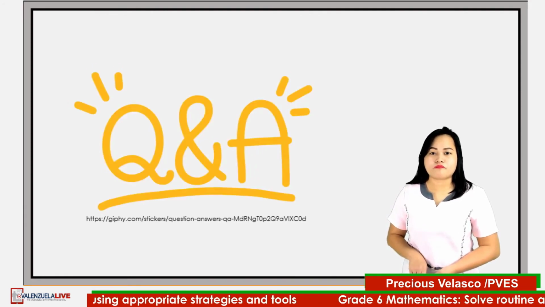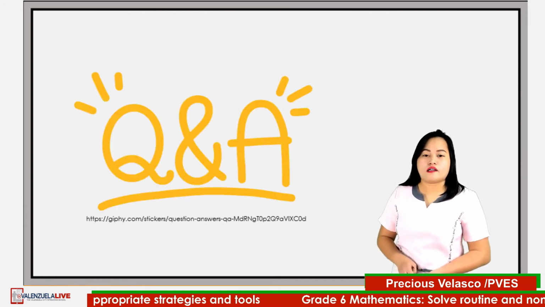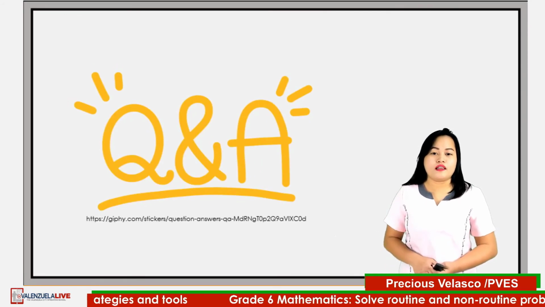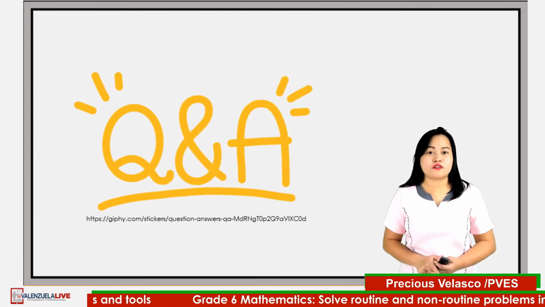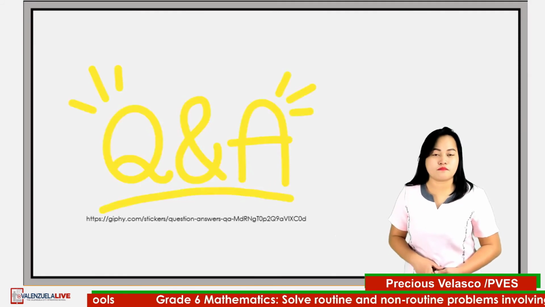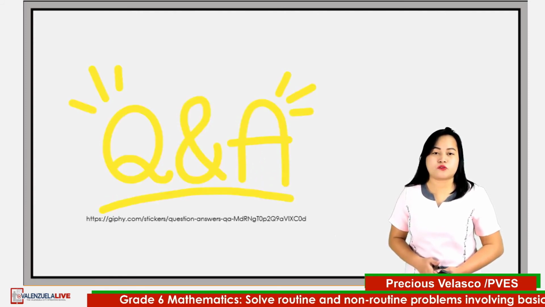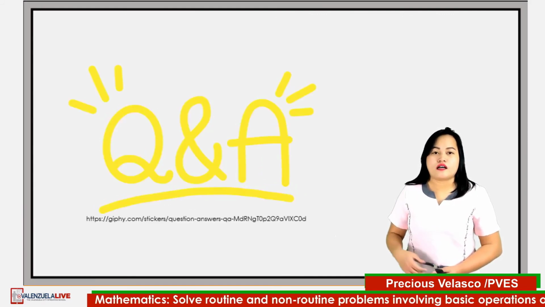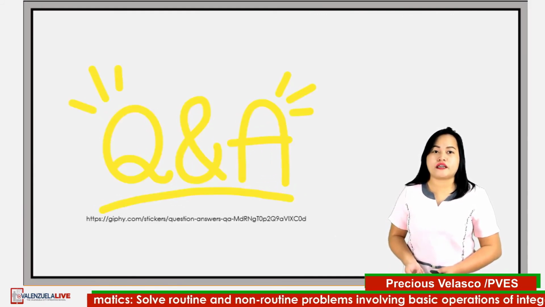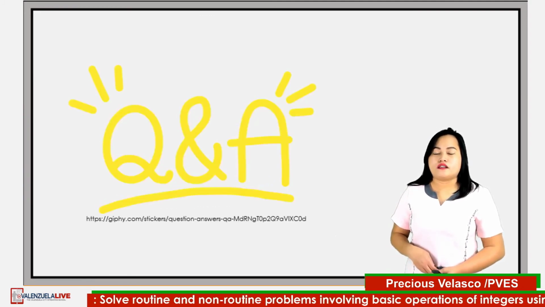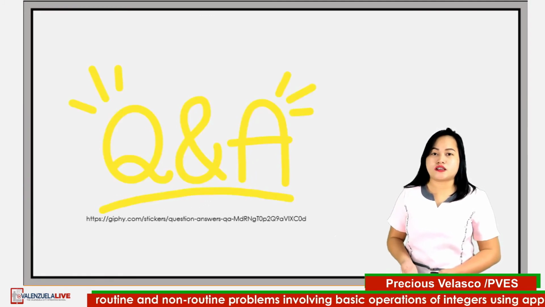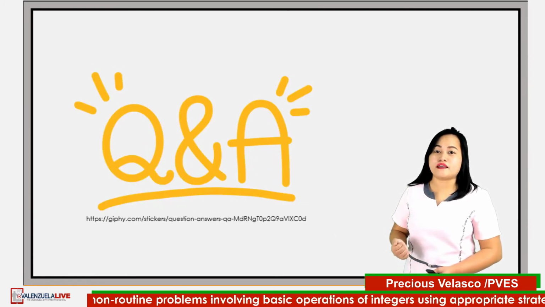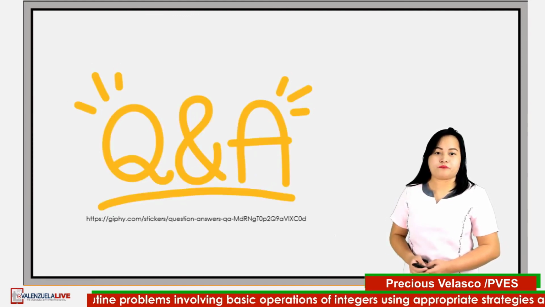And also, ma'am, how do we know the sign of a number? Well, you just need to look for the words beside that number. For example, in the previous problems, it says below sea level, meaning it is a negative. And it says also ascend, or goes up, meaning it is a positive number.